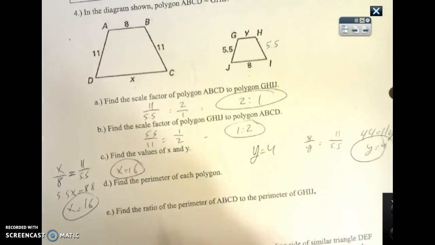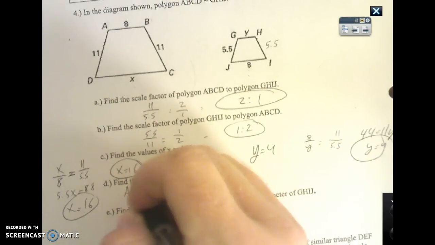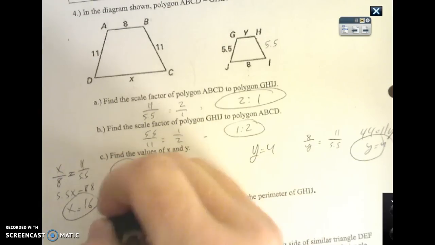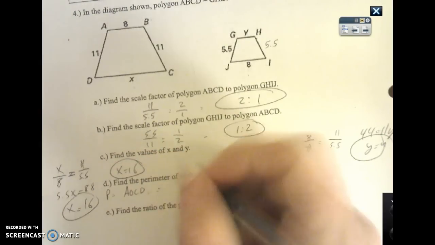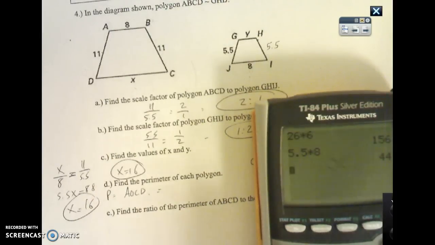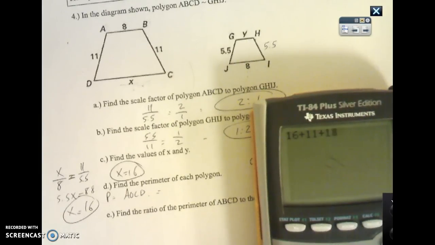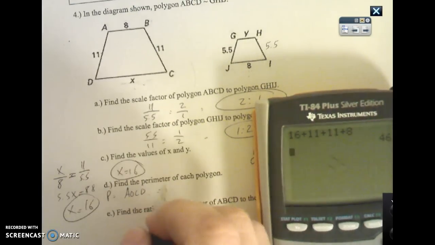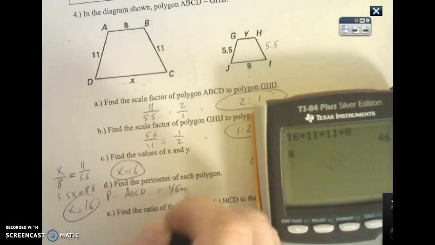Find the perimeter of each polygon. So for ABCD, my perimeter, I'll call it P of ABCD. I add these up. I got 16, which is my bottom one right here, plus 11, plus 11, plus 8, so it's 46 units.